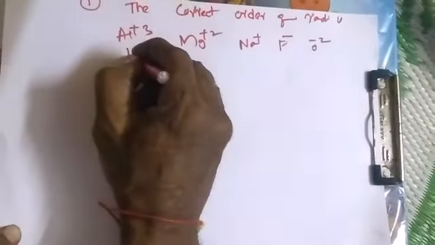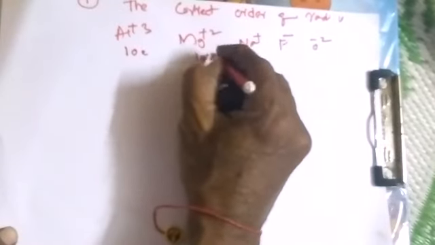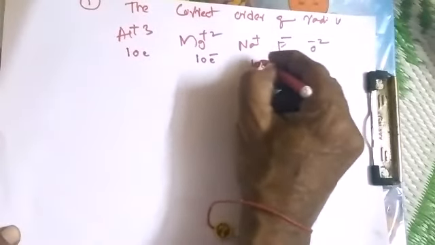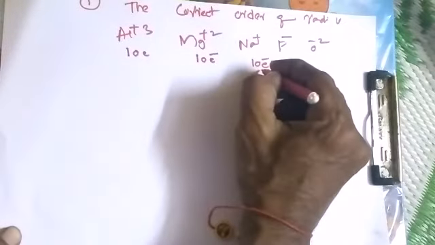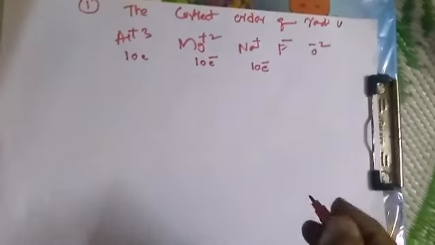You know pretty well, Al plus 3 contains 10 electrons. Mg plus 2, 10 electrons. Na plus, losing 1 electron, 10 electrons. F minus, gaining 1 electron, 10 electrons. O minus 2, gaining 2 electrons, 10 electrons.